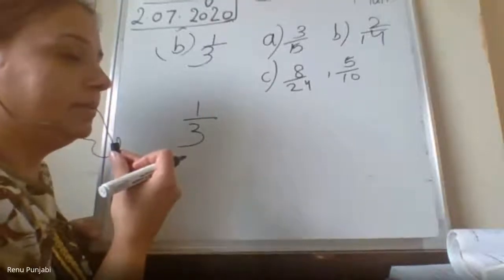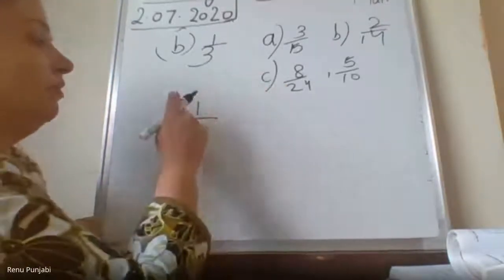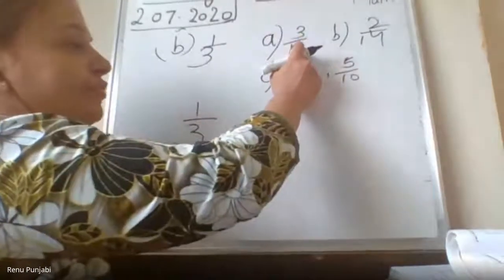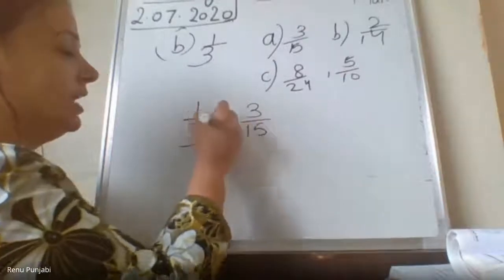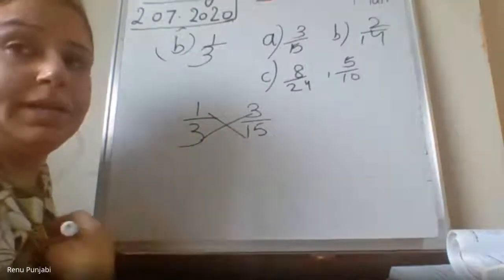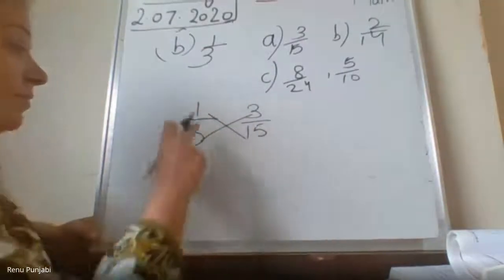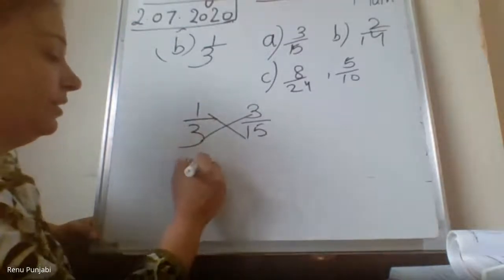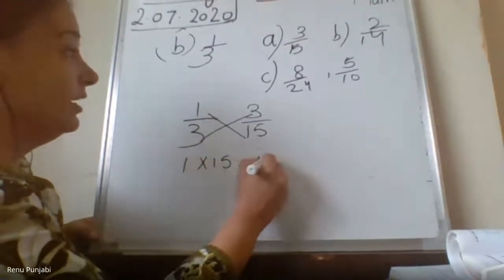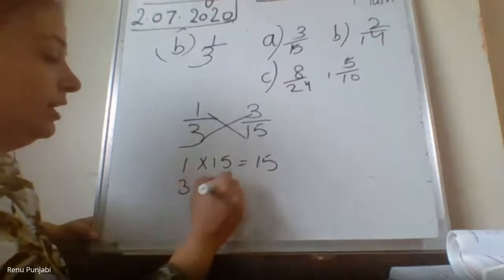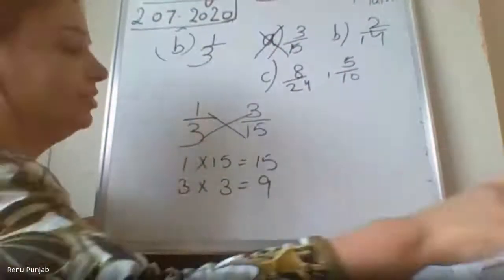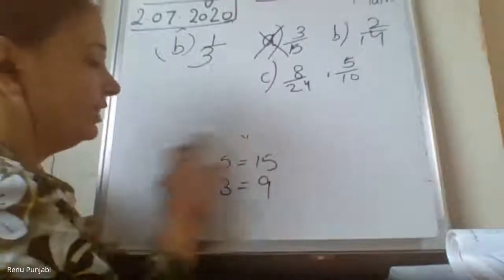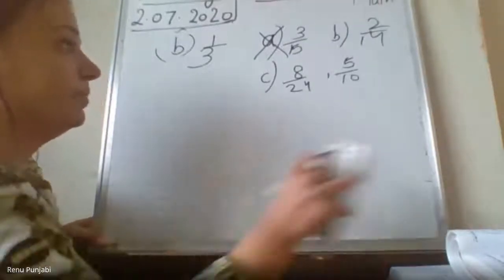We will check with the first option first, 3 upon 15, by the cross multiplication method. 1 into 15 is 15 and 3 into 3 is 9. It means this is not your option. Then again check it with the next option.